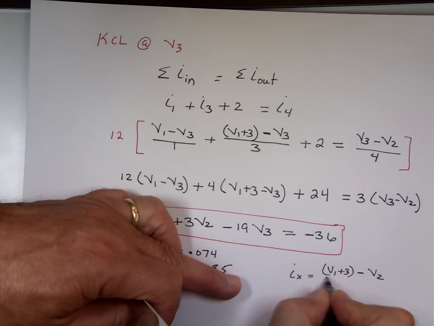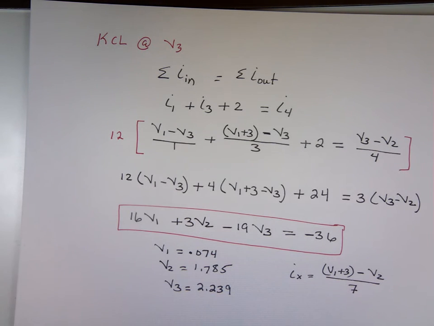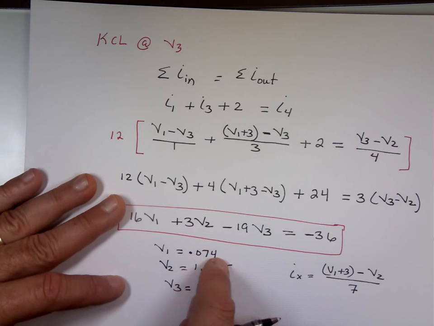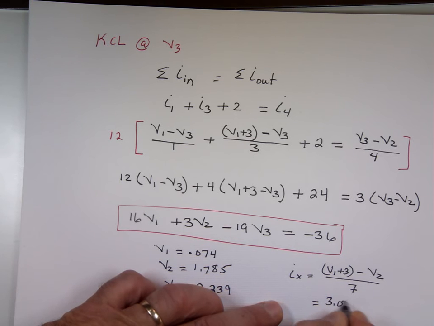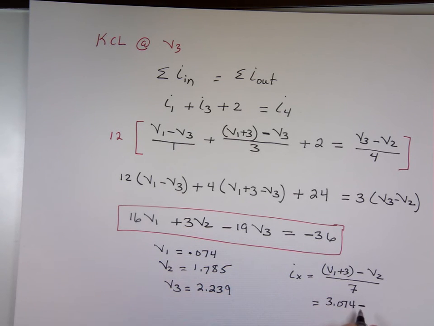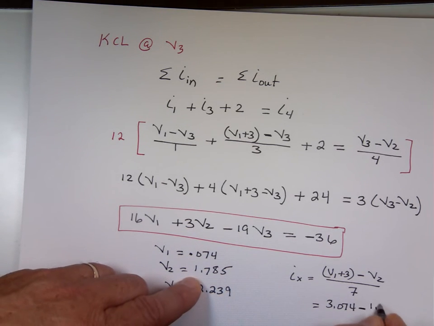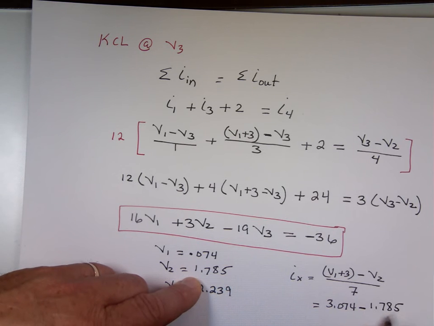Once I know V1, V2, and V3, I'm done. V1 is 0.074, add 3 to it, that's 3.074, minus V2, which is 1.785, divided by 7.